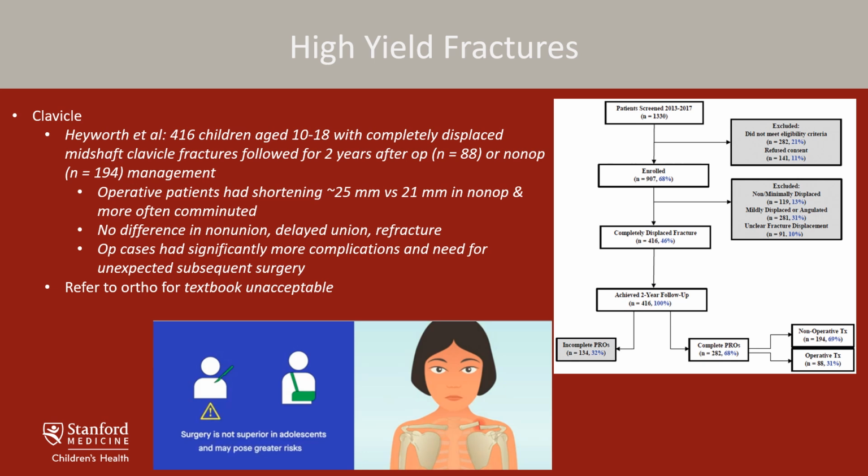The cases that went for surgery had significantly more complications, significantly more needs for unexpected second surgeries, but between the operative and the non-operative cases, there was no difference at the 2-year time point for risk for non-union or for refracture.